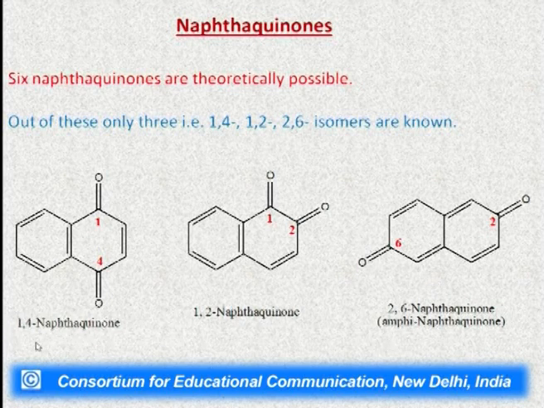One of them is called 1,4-naphthoquinone, since these 2 carbonyl groups are present at the 1 and 4 positions. One of them is 1,2-naphthoquinone, based on the position of the carbonyl groups, and it can be 2,6-naphthoquinone since these are at the 2 and 6 positions. This third isomer is also called amphi-naphthoquinone.